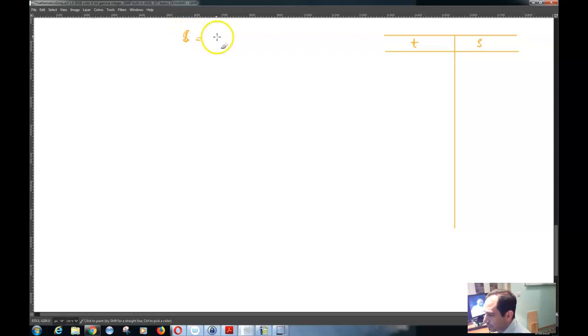s is equal to 4.9 times t squared. So when t is equal to 0, then of course your s is going to be equal to 0, because 0 is being multiplied by 4.9. When t is equal to 1, your s is equal to 4.9. If you do the calculation here, you'll get the same values here. Of course, I'm writing these values only based on some table that has been prepared in the book.